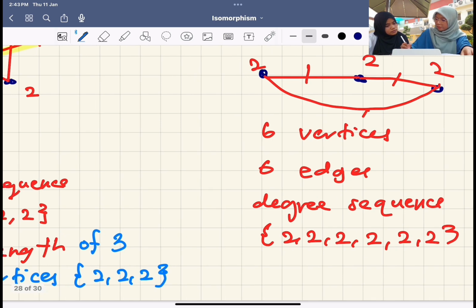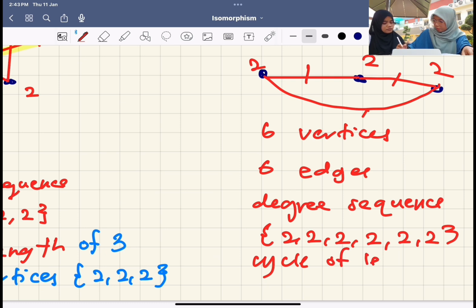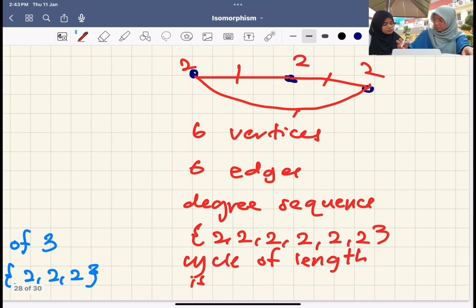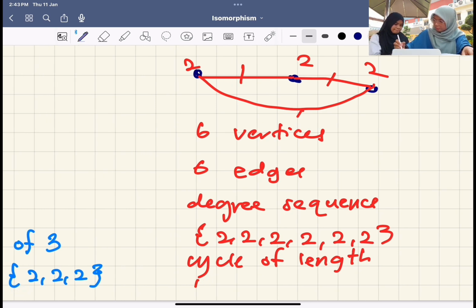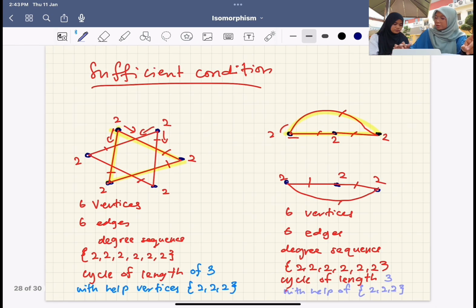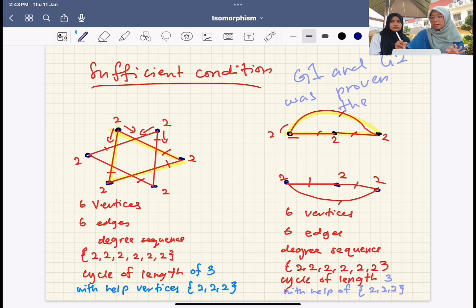And for this one, the cycle length is also 3, with the help of vertices of degree 2, 2, and 2. So with all the sufficient conditions satisfied, we can say that G1 and G2 are proven to be isomorphic.